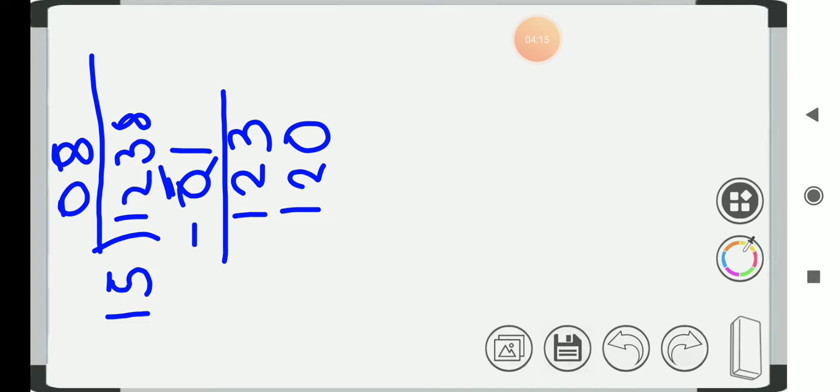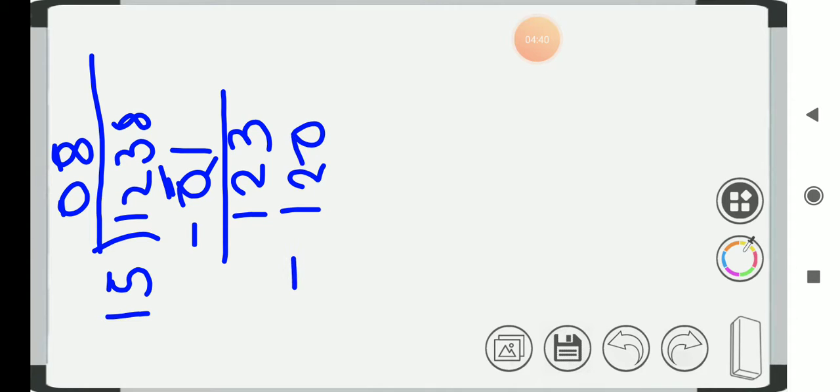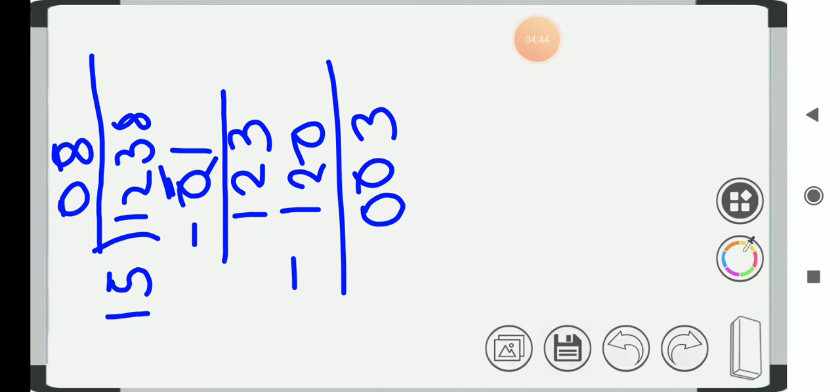If you are not able to do this, 15 multiplied by 8, what answer will come? 8 fives are 40, and so on. We got the answer, but don't use this for small numbers; use it for the bigger number. For small numbers you have to learn the tables only. So what answer came? 120. 3 minus 0, 2 minus 2 is 0, 1 minus 1 is 0.